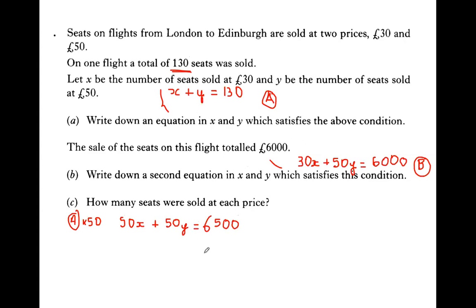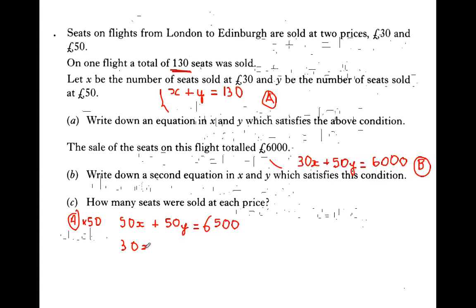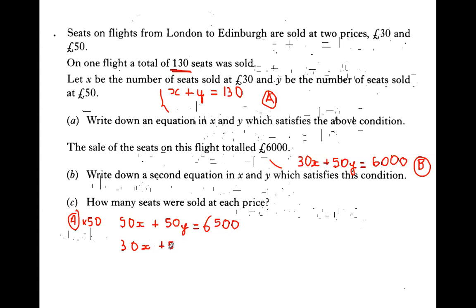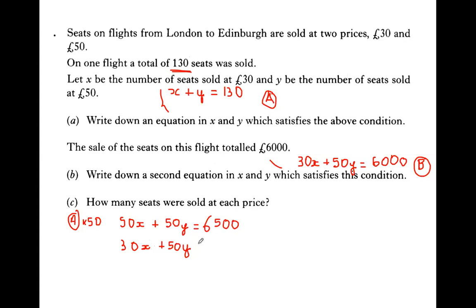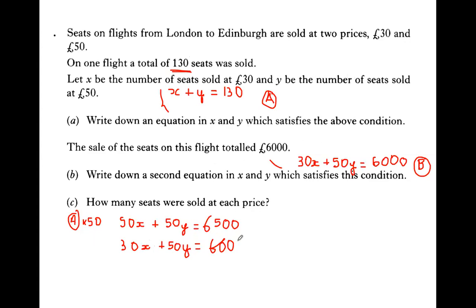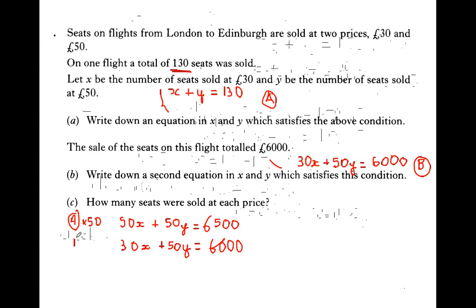And on the second one, we've got 30x plus 50y equals 6,000. And we said this is going to be B times 1.